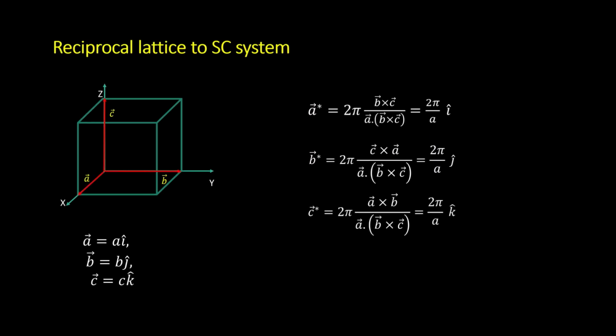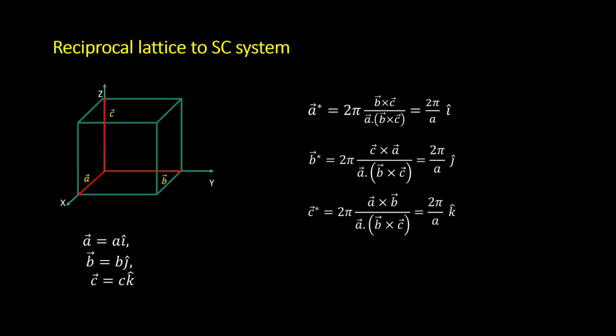Now let's see how the reciprocal lattice of certain simple direct lattices looks. Let's first consider a simple cubic system. The primitive translation vectors of a simple cubic lattice may be written as A equal to A i, B equal to B j and C equal to C k, where the volume of the unit cell is given by A dot B cross C. Now the primitive translation vector of the reciprocal lattice of the simple cubic lattice, A star, is given by 2 pi times B cross C by A dot B cross C. Since it's a simple cubic system, A, B and C are equal.